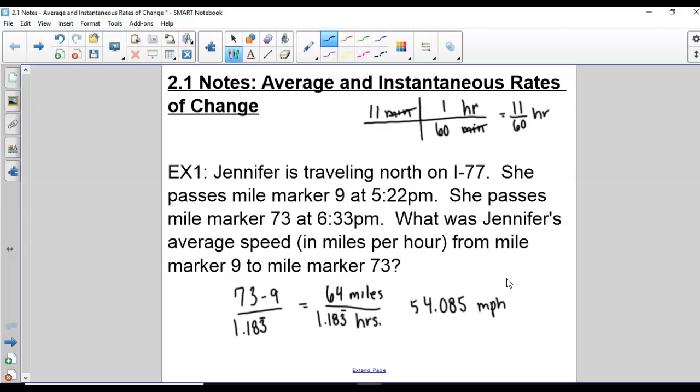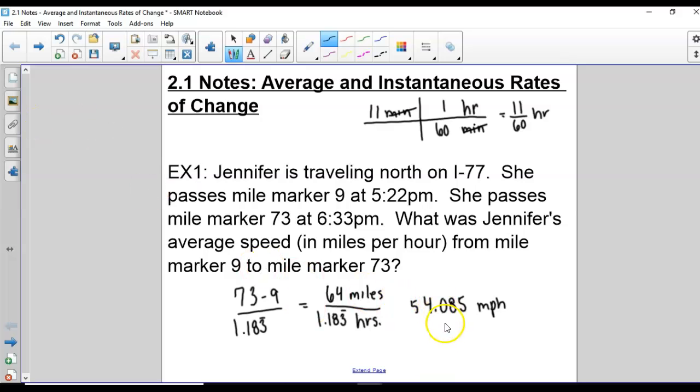Whereas at 6:27, when she's almost back this way, she might have been going 75 or 80 miles an hour, although she shouldn't. She might have been.